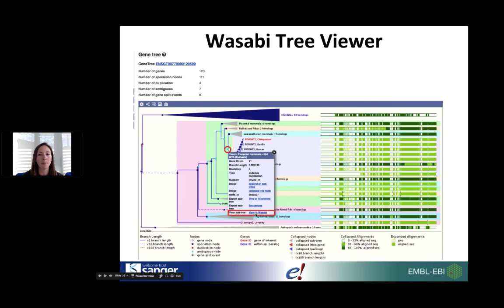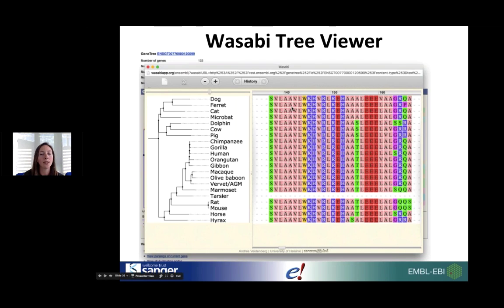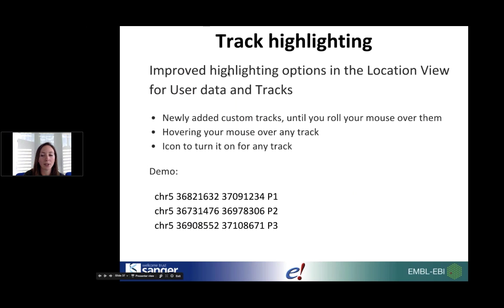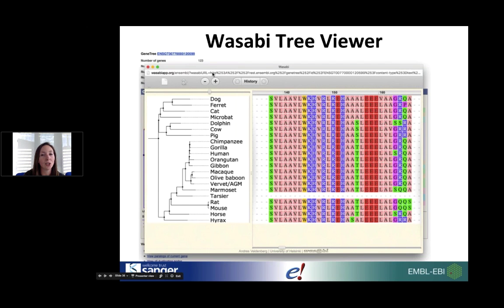What that brings up is another pop-up with this Wasabi app inside. This is really easy to navigate. You've got zoom buttons and slide buttons, and you can make each panel bigger and smaller and scroll along. You can also copy and paste this URL here to share just this with your colleagues if necessary. This is a really neat way of looking at the alignment next to the phylogenetic tree.